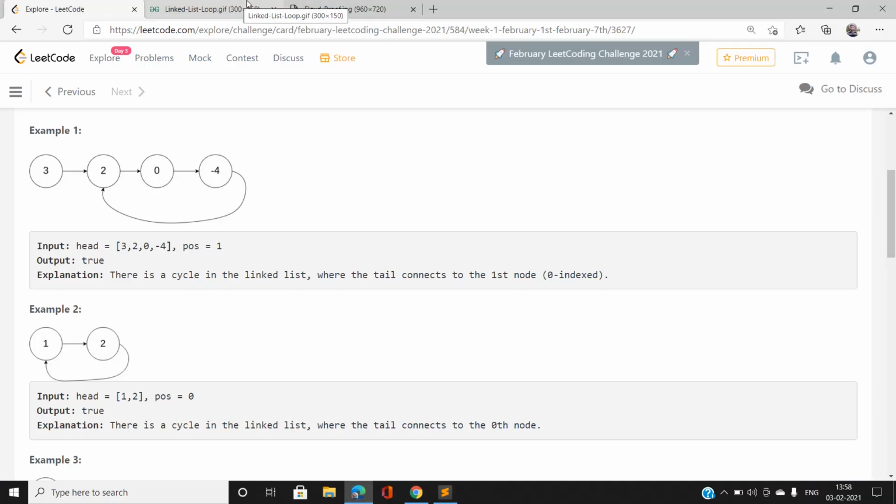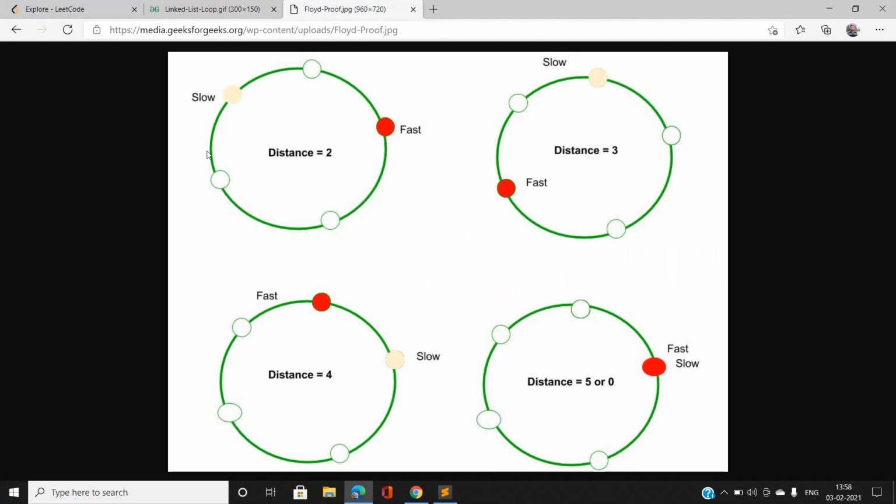Suppose here the slow pointer is at this position and the fast pointer is at this position. Now suppose the slow and fast pointers enter a loop of length n. Suppose initially they have a distance of 1, that is, as you can see here, a distance of one node. Now each time we increment the slow pointer by 1 and the fast pointer by 2.